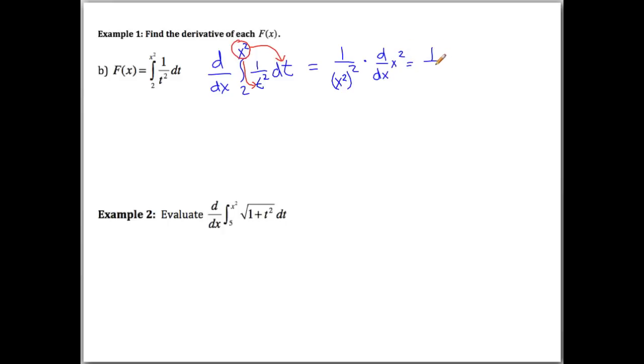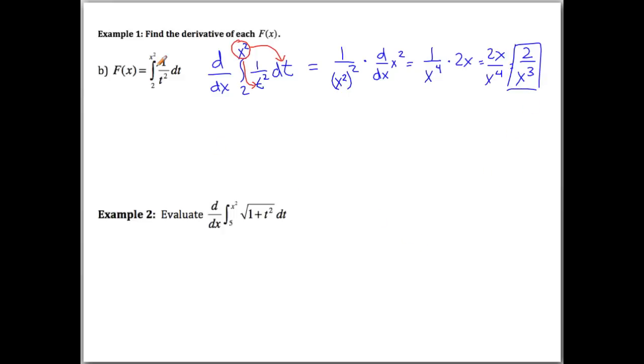And so I get 1 over x to the 4th times 2x. And so we had 2x over x to the 4th, which is 2 over x cubed. And there's our final answer.